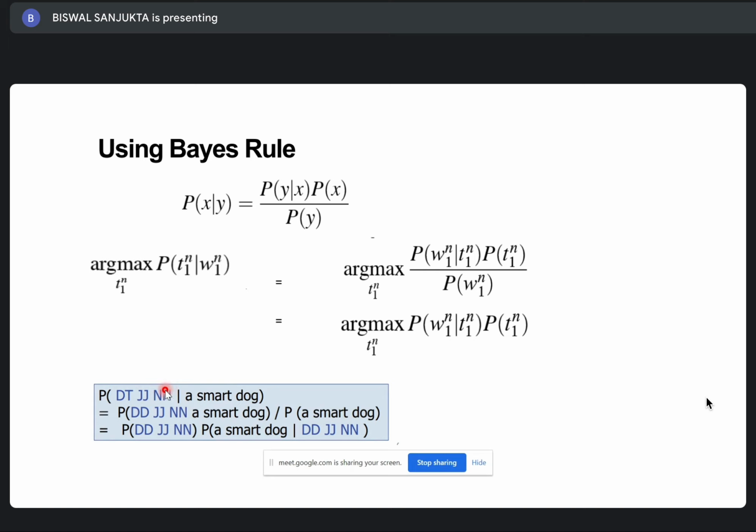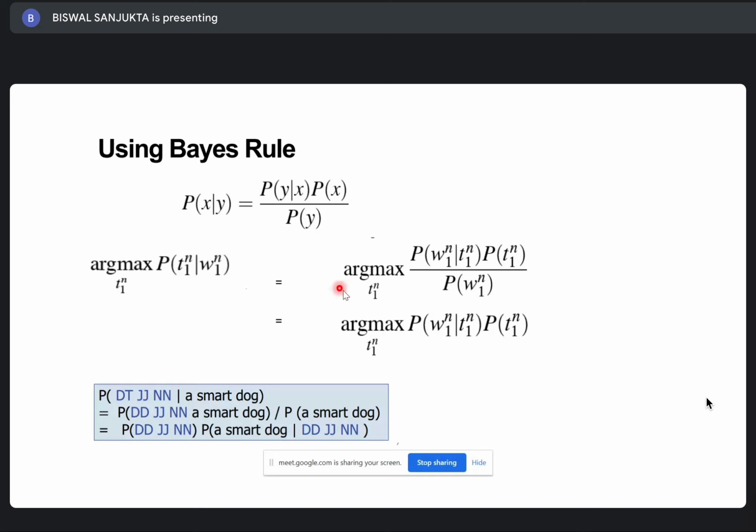In that case, if I have to find the probability and do the comparison, this total probability will be the same for all the things. So that's why they completely ignore this denominator. It's similar to what we used for Bayes classification. We just ignore this and say the posterior probability is equal to the likelihood into prior. The same thing we are using here.